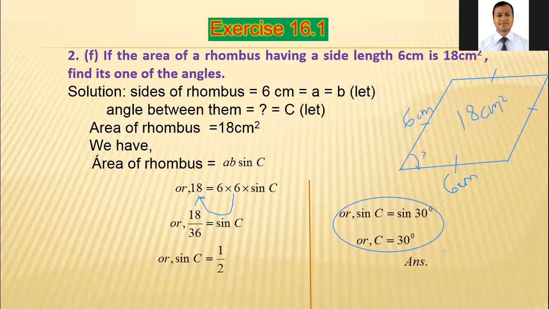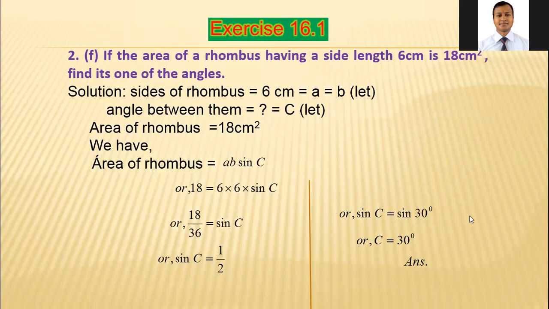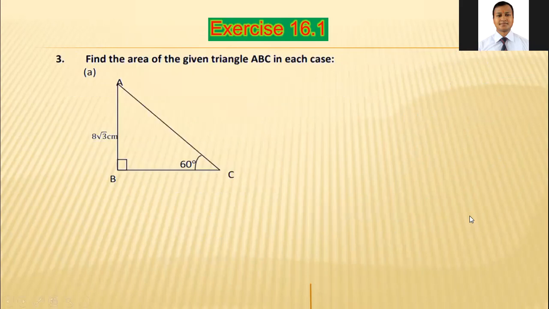Yes, sir. Okay. Here in place of 1 by 2, I have kept sin 30. We kept sin 30 here and we removed sine from both sides. C is equal to 30 degree. Okay, so if it is clear, let's move to next one.